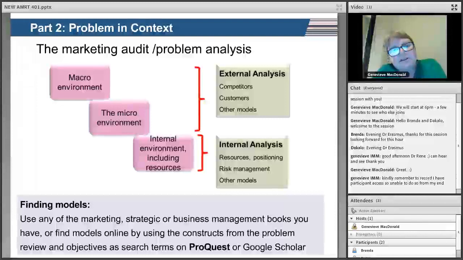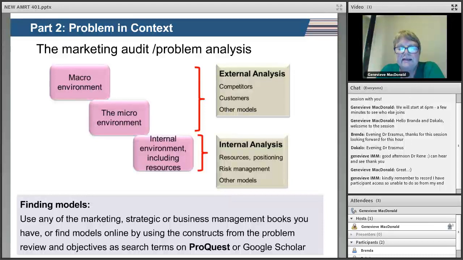The macro environment is the external environment. You get the best if it's applicable. Don't use models that are not applicable. You only use the models that really talk to your topic. The micro environment is your customers and your competitors, etc. Closer by.